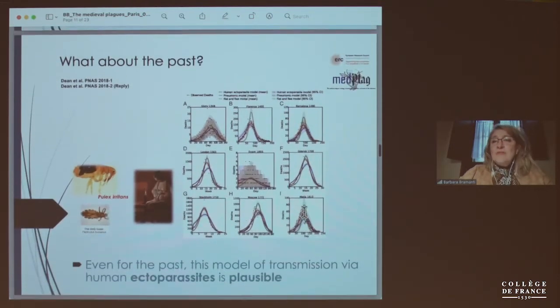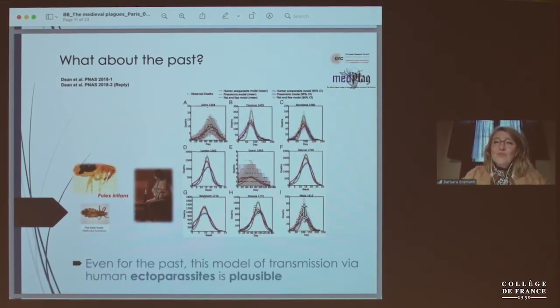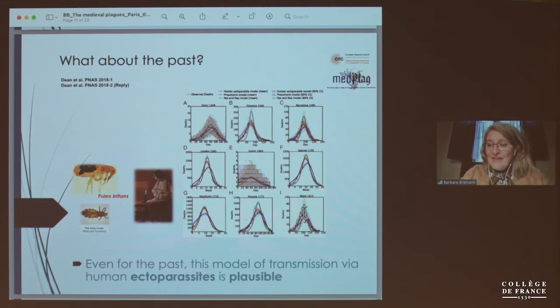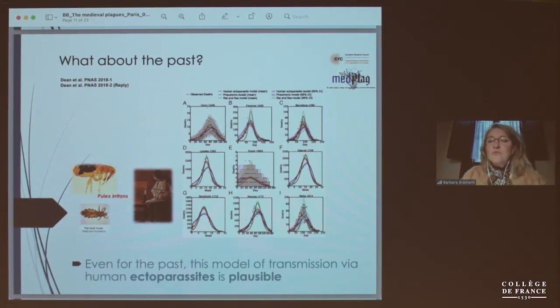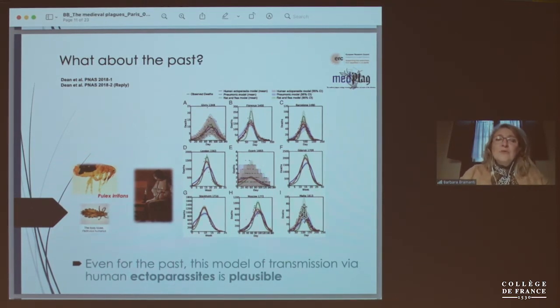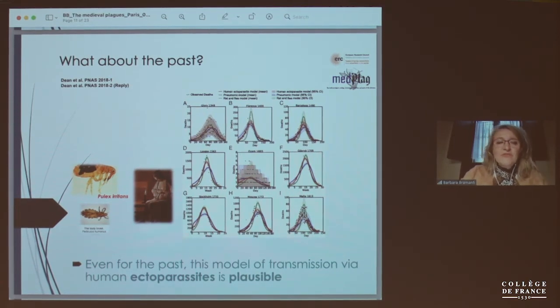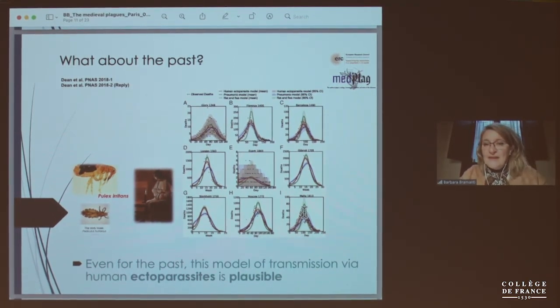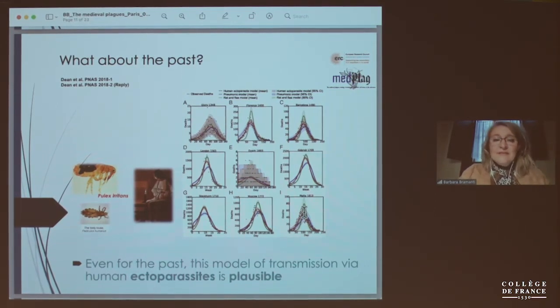Well, what about the past? The project was mostly on the medieval plague, but we have to consider this mechanism in the current situation, also to make some inference in the past. So we have tried to model the mechanism of transmission via human ectoparasites using mortality data.